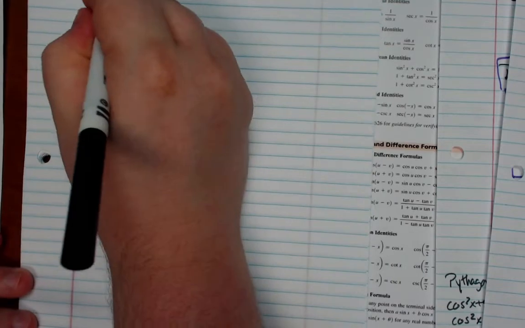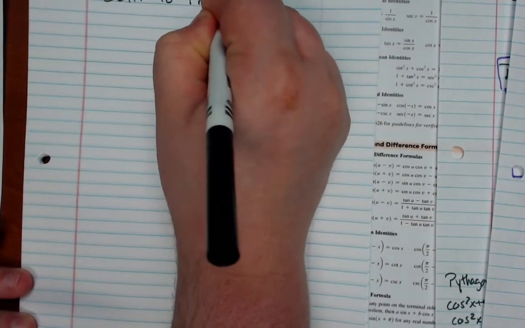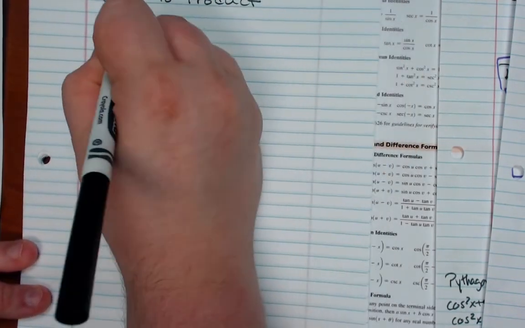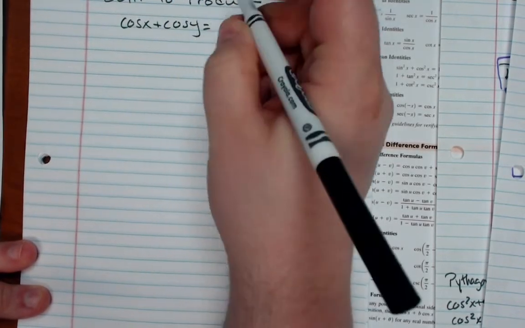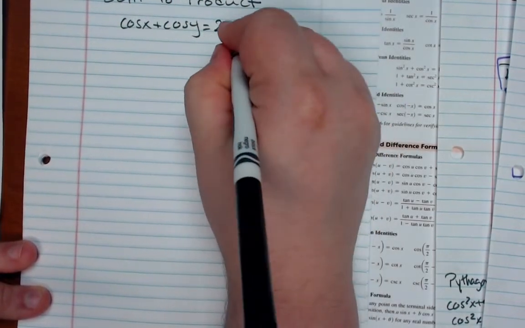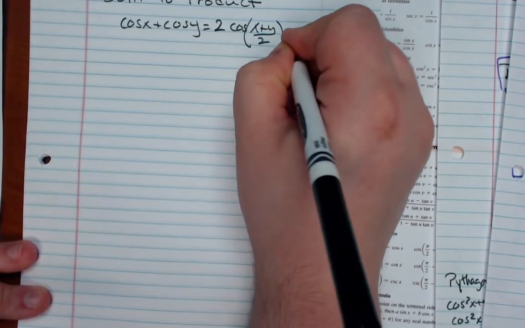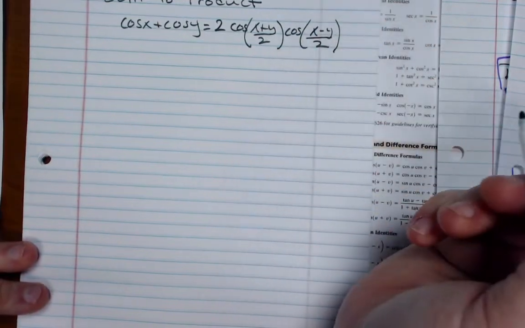And I'm not going to work on any of the derivation for sum to product. Sum to product. Again, because my interest is in whether you can use them. So if we have cos x plus cos y, that's 2 cos x plus y over 2 cos x minus y over 2.